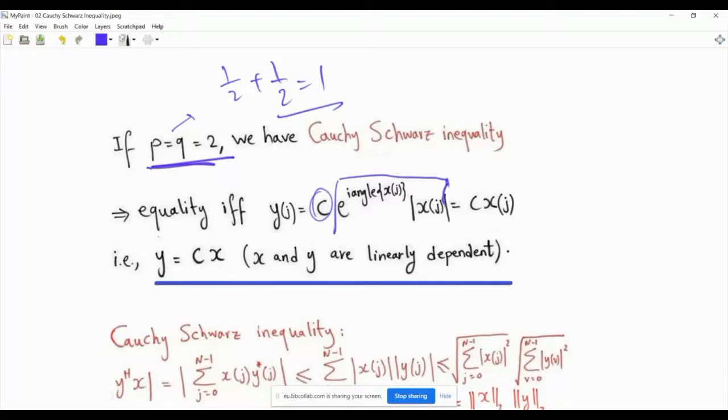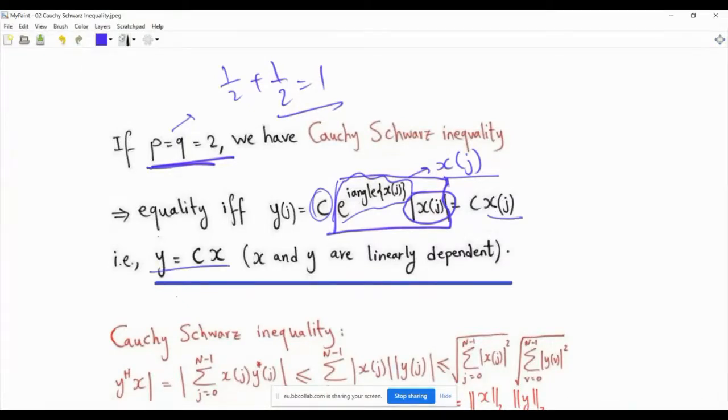So what are those guys together? This is the magnitude of xj, and this is the phase term, e to the i, the angle. And so these two together are nothing but the complex quantity xj. So it means that for the Cauchy-Schwarz inequality, you get equality if and only if each component in vector y is some complex constant multiplied by the respective component in vector x.